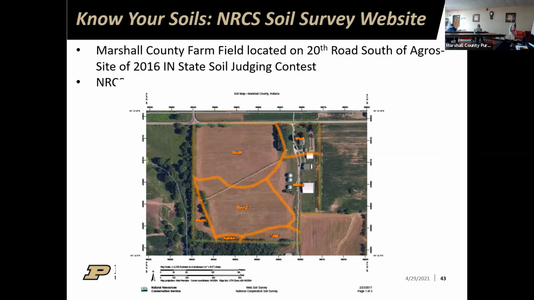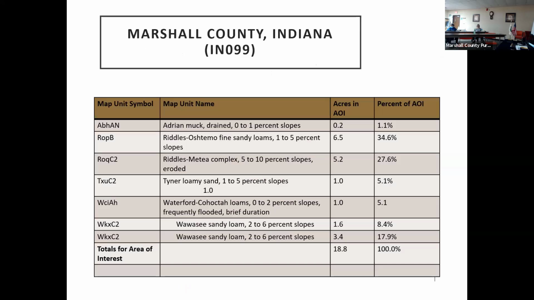If we go to that site, you can put in your address and bring up your property, and you can create an area of interest. There's a button that's easy to use, and you can then go to the soils site on that webpage, and it'll tell you what soils you have on your property. And I'll show you the information you'll get from it in a second.